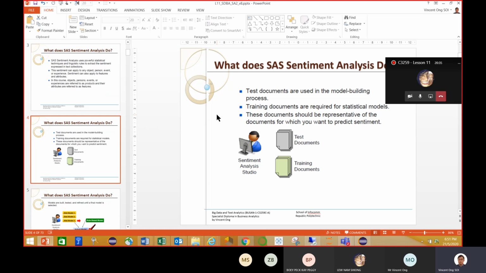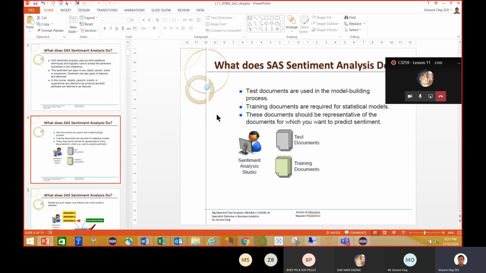Of course, you will do other analysis, for example topic extraction. From the feedback, you can do topic extraction, identify the common feedback that people give, and then use those results as a basis to define some of the features.